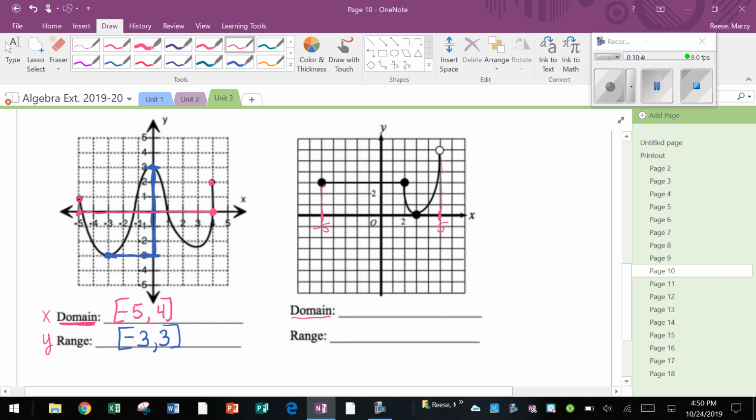Now this is where it's a little different. -5 is included because it's shaded, so I'm going to put a bracket here. But 5 is an open circle, which means it does not include 5, it's everything up to 5. So we're going to put a parenthesis around that.